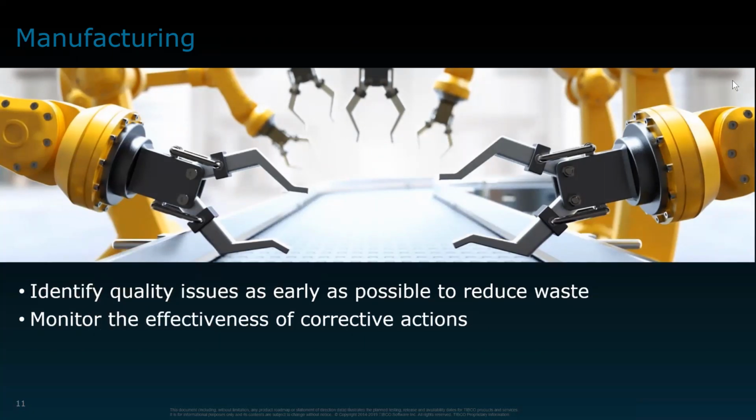And this is important since high-tech manufacturing operations are a really complex business. So it's not necessarily so that you always know exactly what corrective action to take. Therefore you want to monitor it, and you want to see as soon as possible whether that was a good measure that you took.